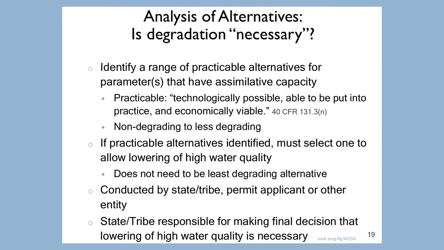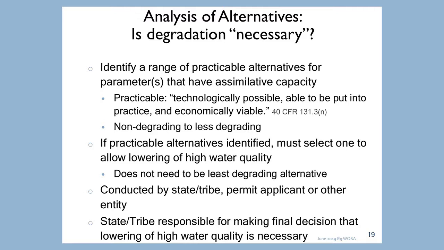If there is a practicable alternative that is identified, you have to select one of those. We don't say you have to select the least degrading one, because at this point we were just happy that someone was doing a real alternatives analysis. So if you found that there is a practicable alternative to that lowering that would lessen the degradation compared to the original proposed lowering, you have to do one of those.